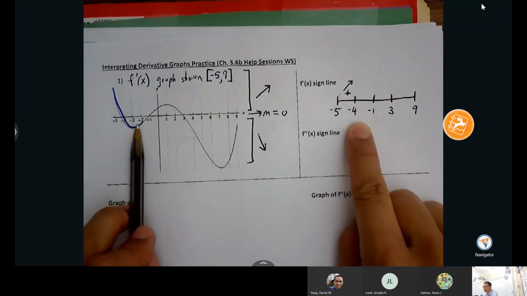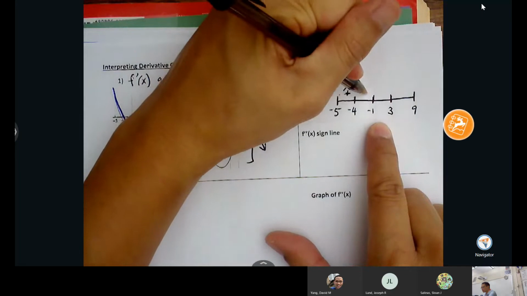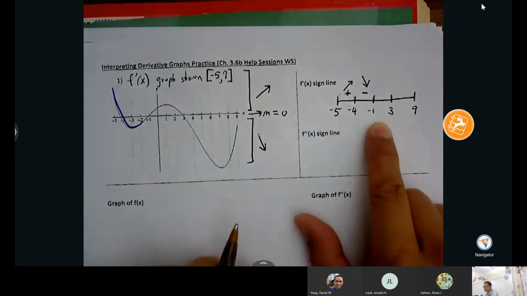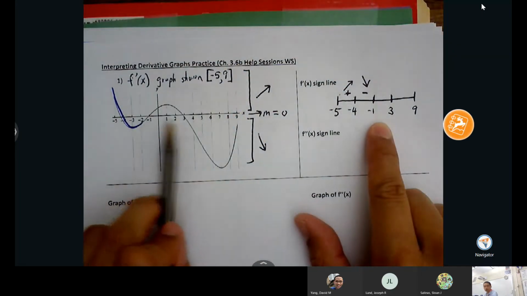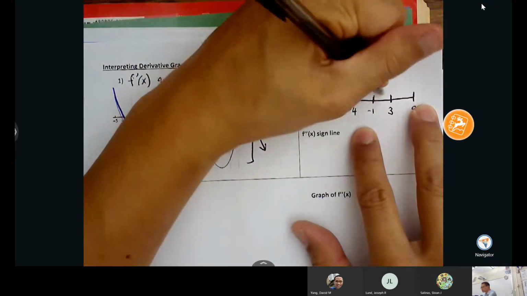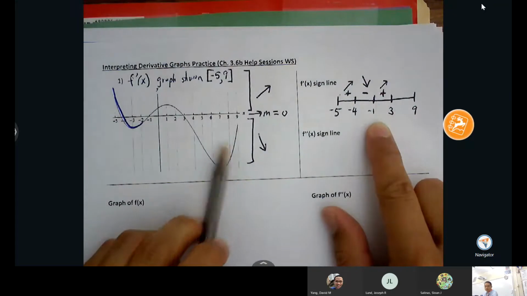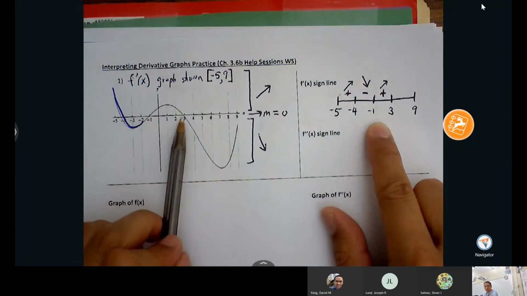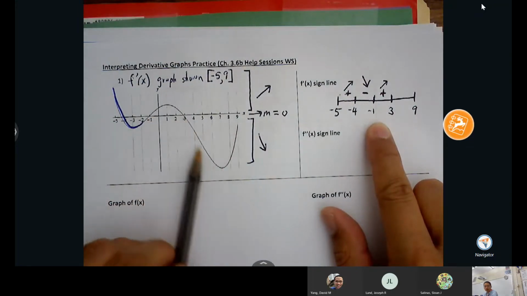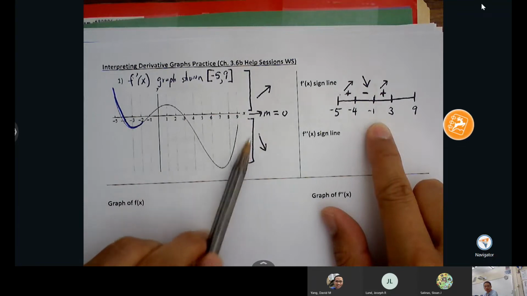And then between -4 and -1, these are all values below the x-axis. They all are going to represent negative slope. Between -1 and 3, positive slope. These are all negative y values. So negative y values on the f prime graph will translate to a negative slope on the original graph.